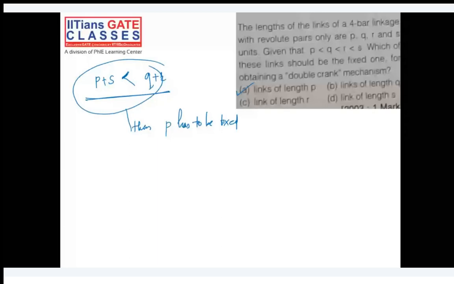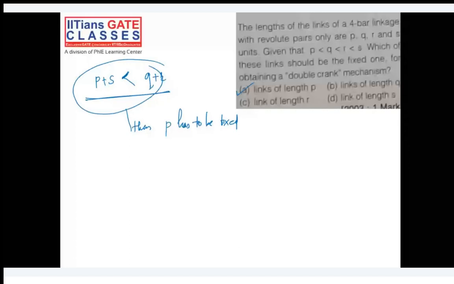We cannot say directly because we need some data, like how they are connected to each other. We just make a conclusion on the shortest link, but we don't know which is the link opposite to the shortest link, which is the link adjacent to the shortest link. So that sequence we don't know. Only after seeing the figures can we make a conclusion.